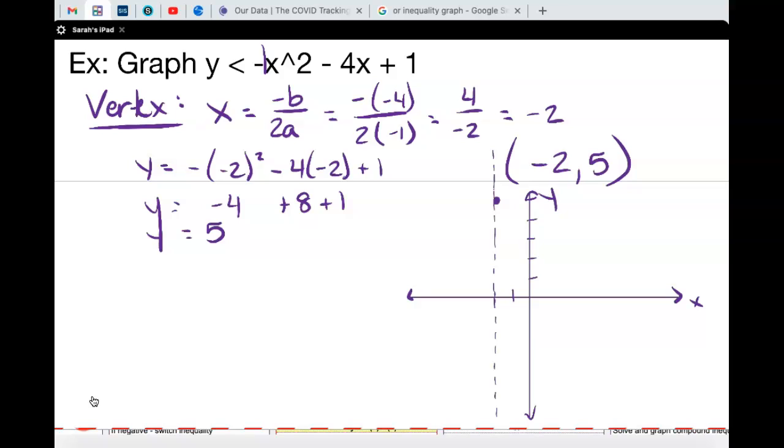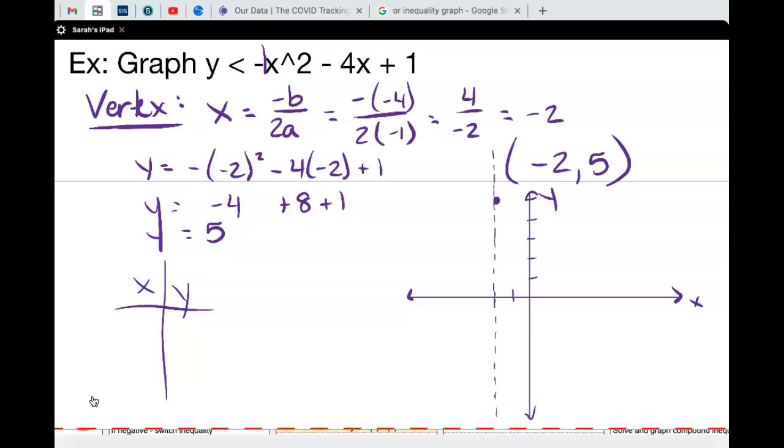Since I have my vertex, I can now pick 2 points to plot and then reflect them over. What 2 points would you like to substitute in? Nobody all jump at once.